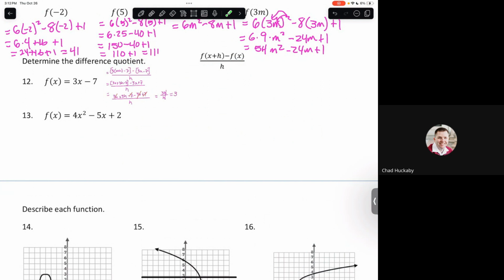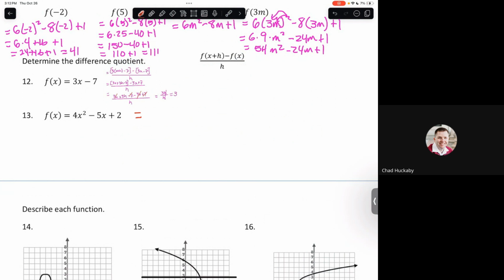Okay, so let's get started. So we want to find the difference quotient, which is f of x plus h minus f of x all over h. So what we do to find that is we plug in x plus h first.